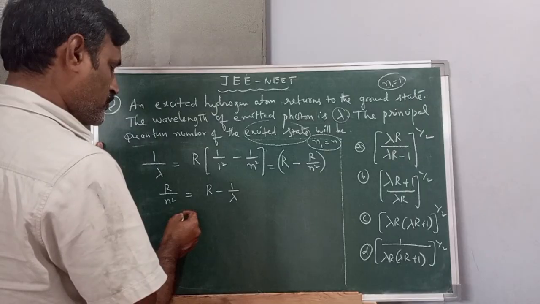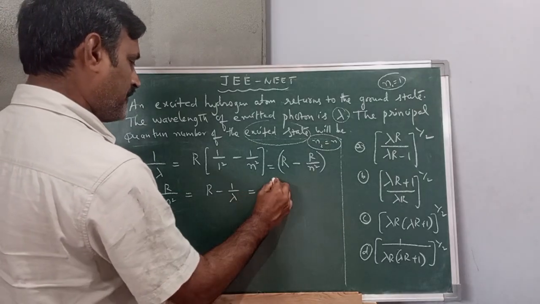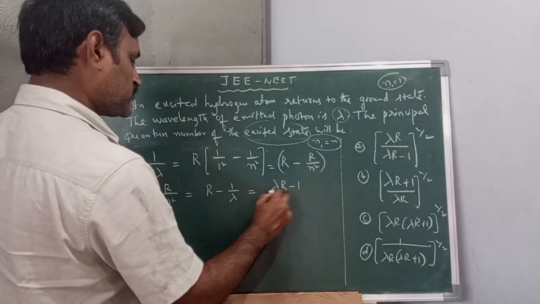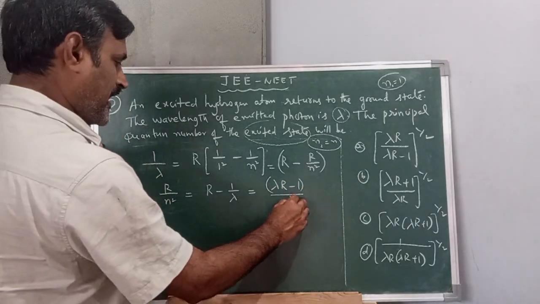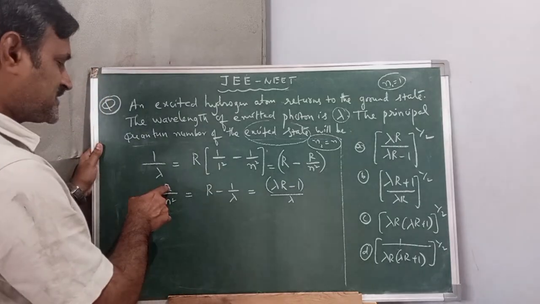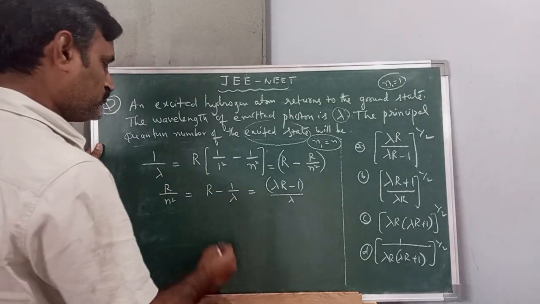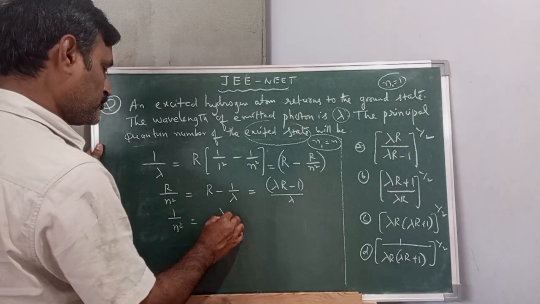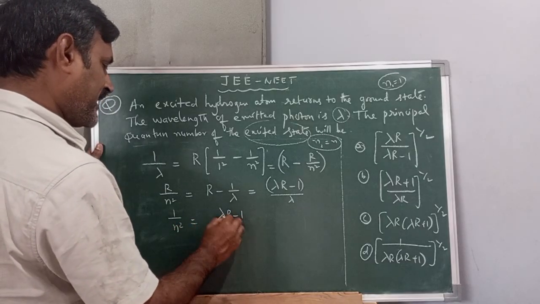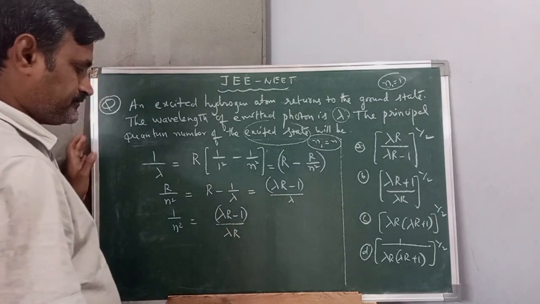Then R by n square is equal to lambda into R minus 1, divided by lambda. Now send this R towards the right side, it will undergo cross multiplication, then 1 by n square is equal to lambda R minus 1 divided by lambda R.